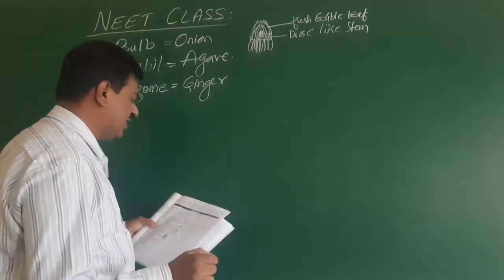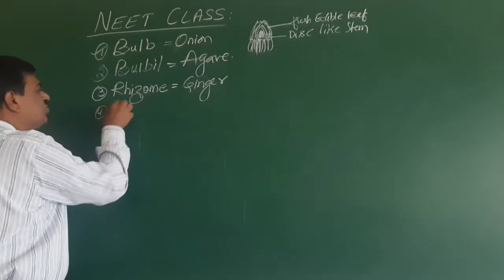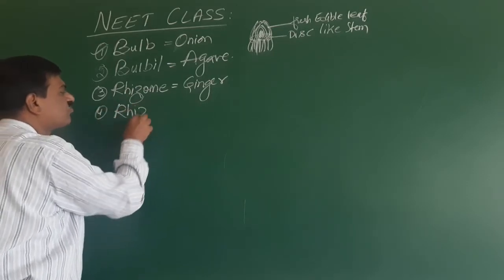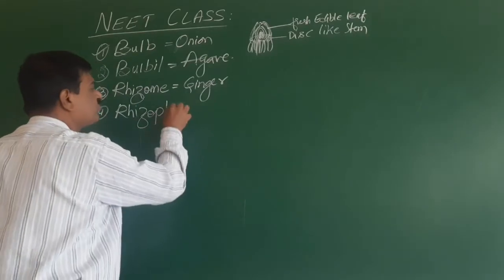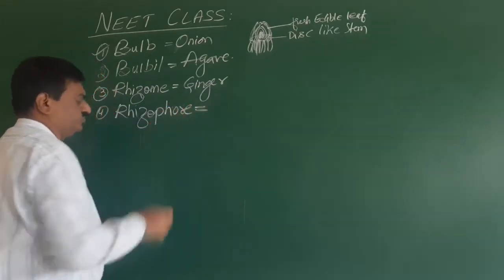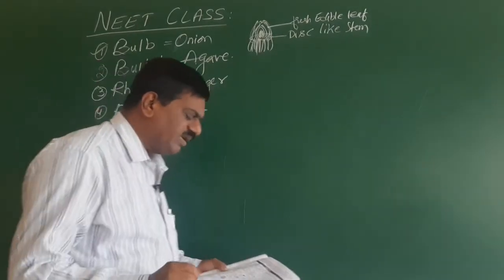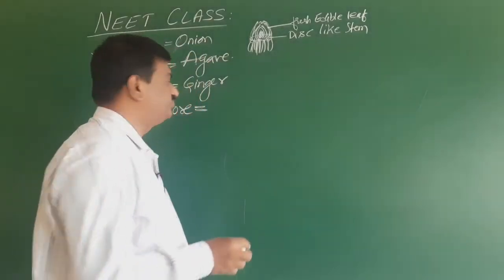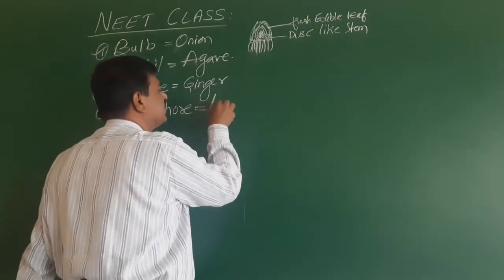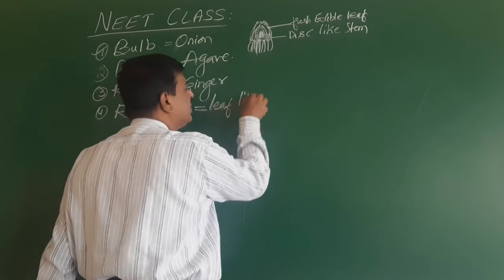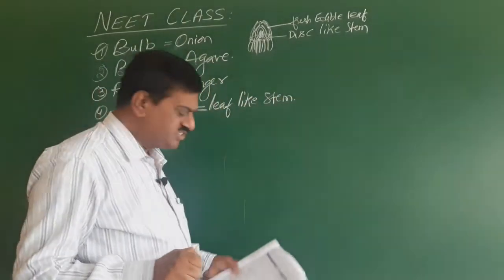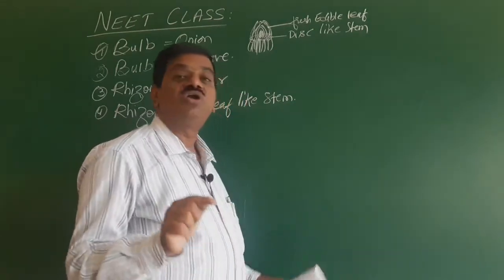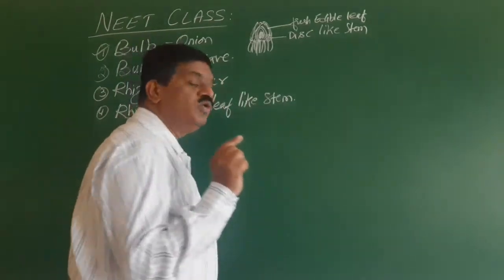The fourth option is called rhizophore. This rhizophore is nothing but a leaf-like stem. This leaf-like stem is called rhizophore.